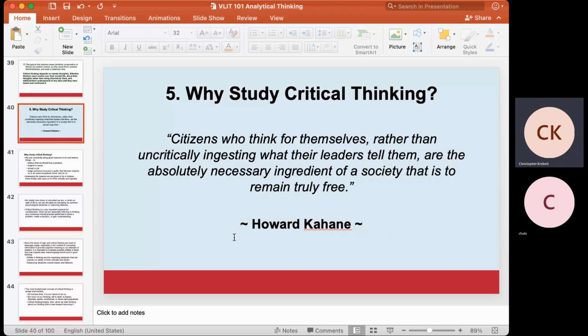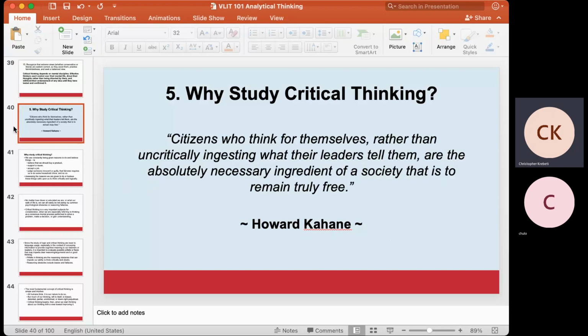Do you want a society that will remain truly free like Ghana? Then it is important we allow ourselves to learn how to think and use thinking effectively, reason effectively to respond to all of our problems. If we don't do that, we are not going anywhere.